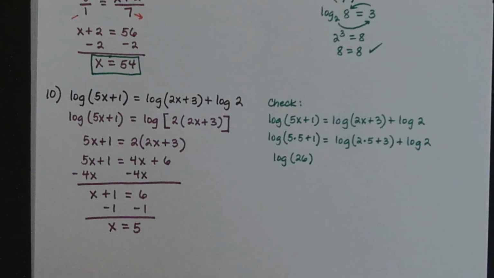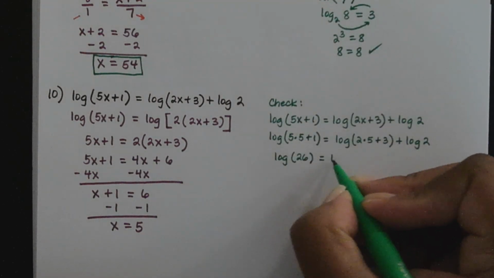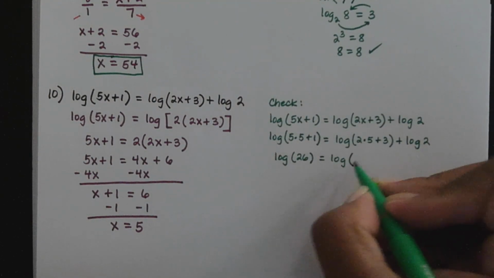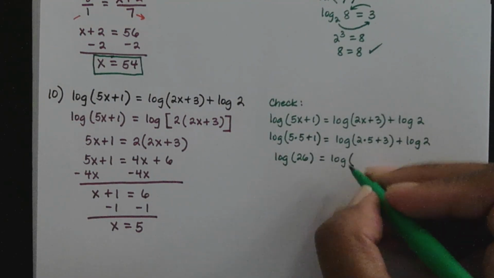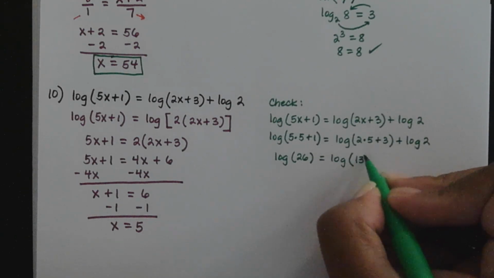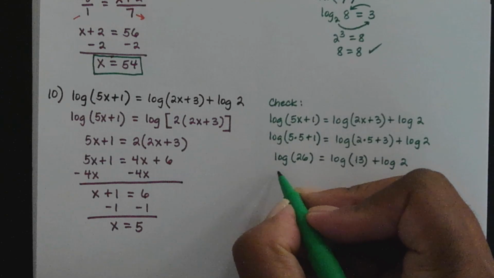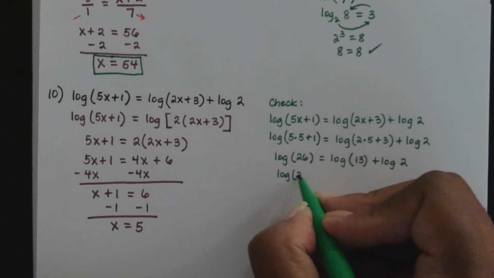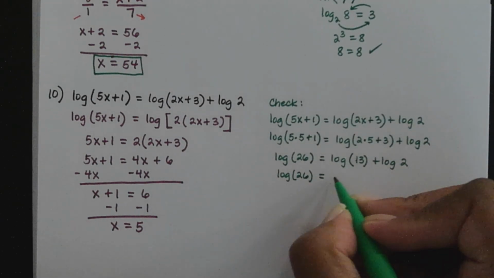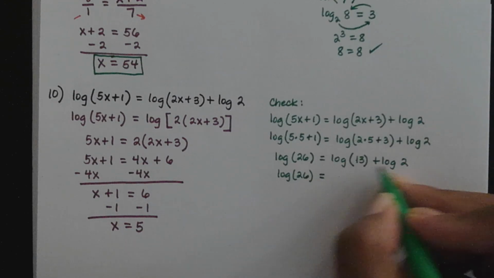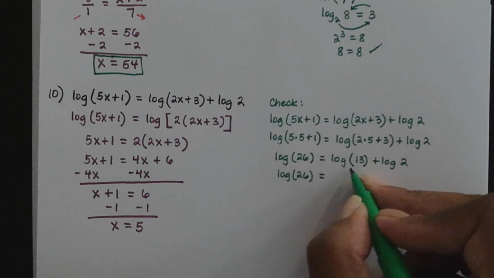So I have the log of 26. And that's equal to the log of, what's 2 times 5? 10. 10 plus 3 is 13. So I have log of 13 plus log of 2. I bring down log of 26. Condense using the product rule, because I have the sum of their individual logarithms.